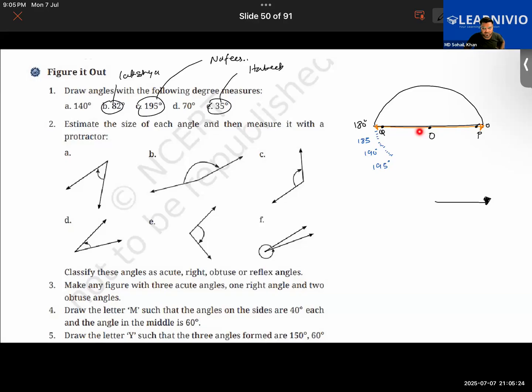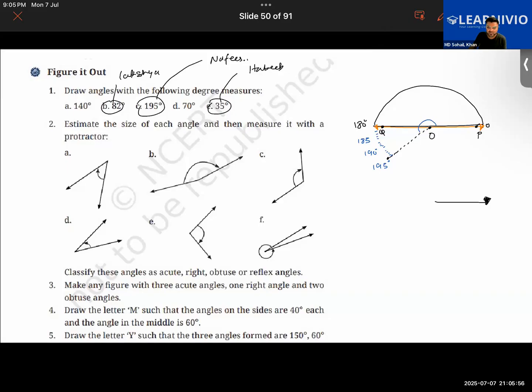Basically rotate the page, and from this point onwards, take the measurement of 15 degrees. Wherever you get 15 degrees, place a dot there and connect that dot to the vertex O. This much of measurement will give you 195 degrees. Okay?